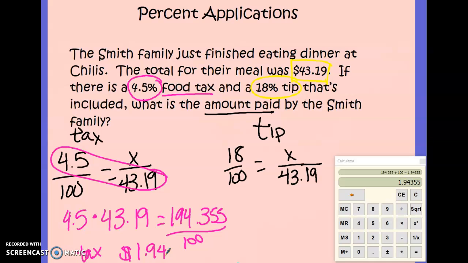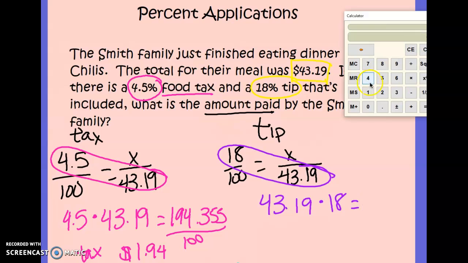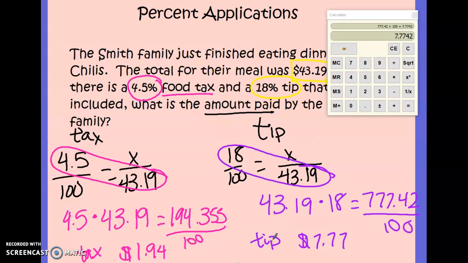Okay. Now I'm going to do my tip amount. Okay, again, I'm still cross multiplying. Divide that by 100. And I get $7.77 for my tip amount. And then I'm just going to add all three of these numbers together to get my final answer.